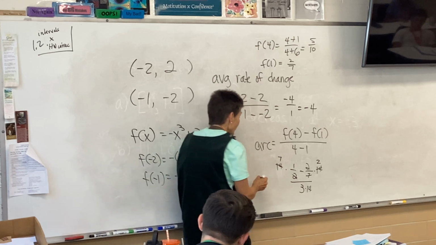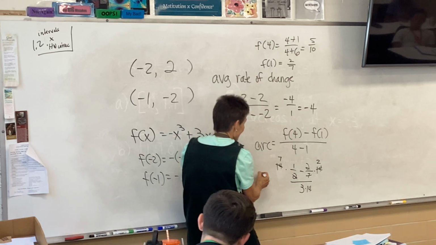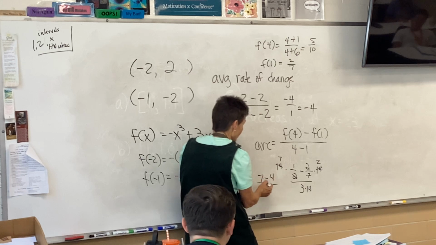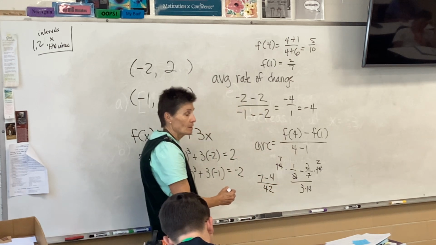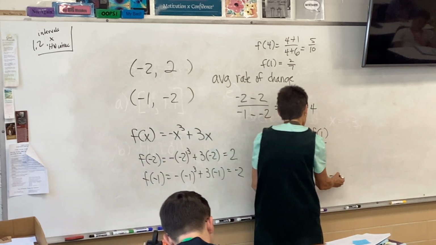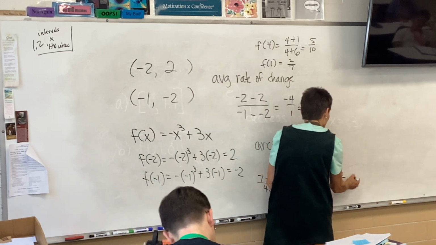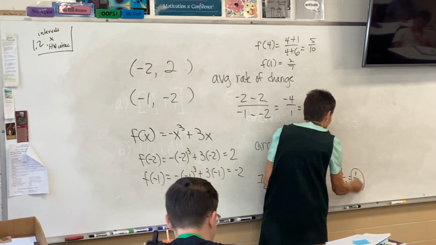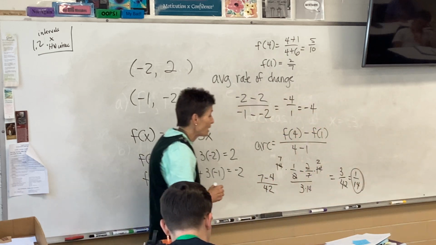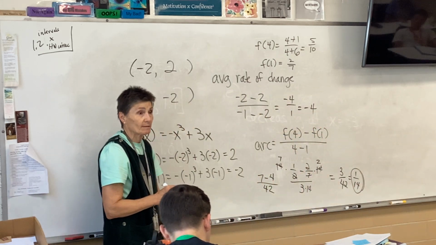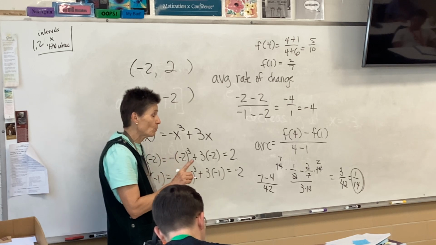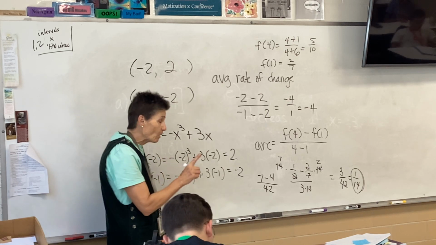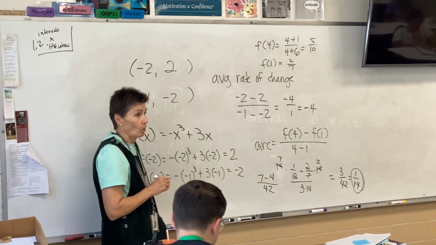So I end up with 7 minus 4 over 42, which is 3 over 42, which is 1/14. So the average rate of change is 1/14. Now, do I care how you do it? No, as long as you're coming up with 1/14 without your calculator, we're all good.